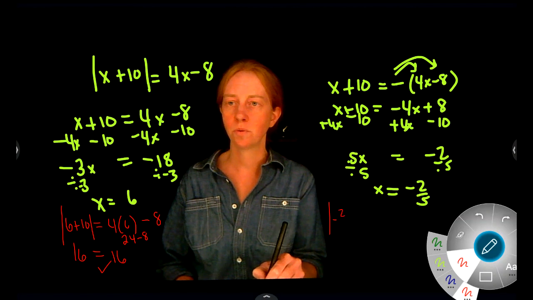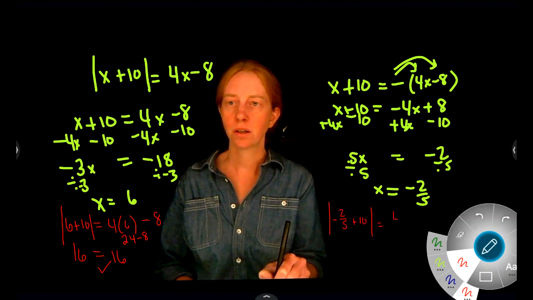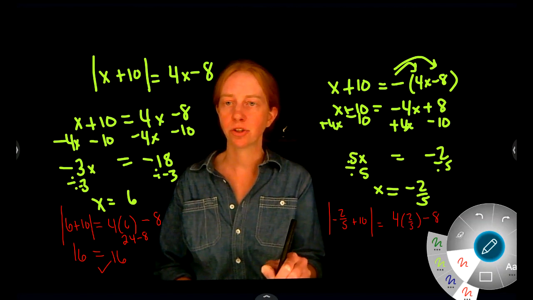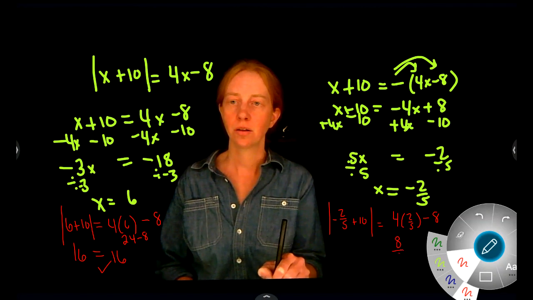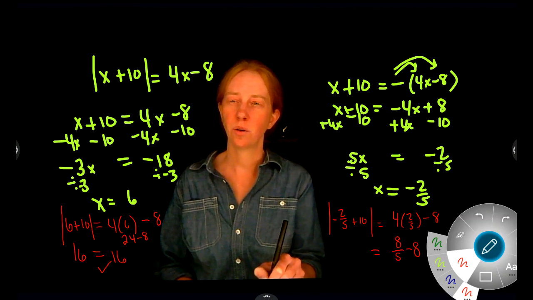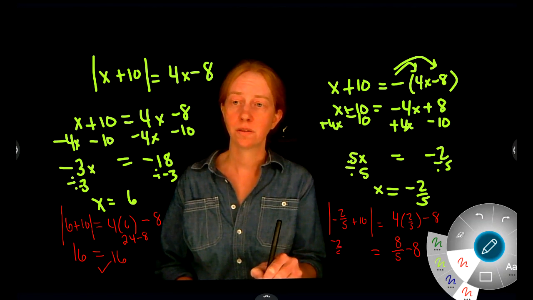We have negative 2/5 plus 10 equals 4 times negative 2/5 minus 8.